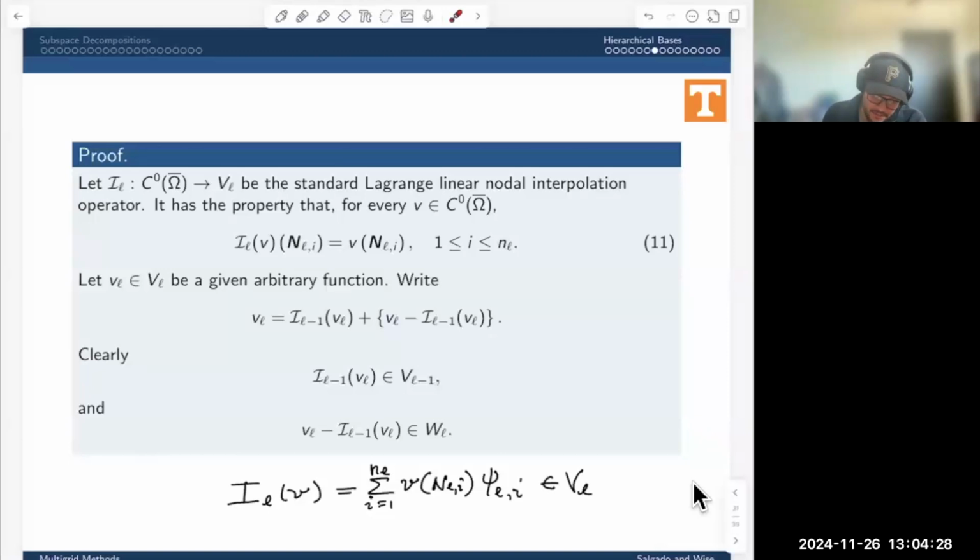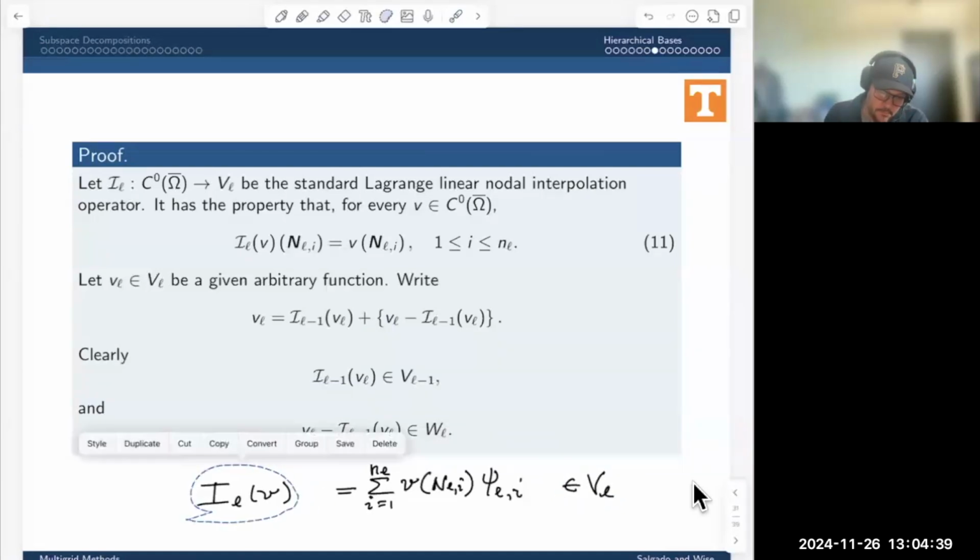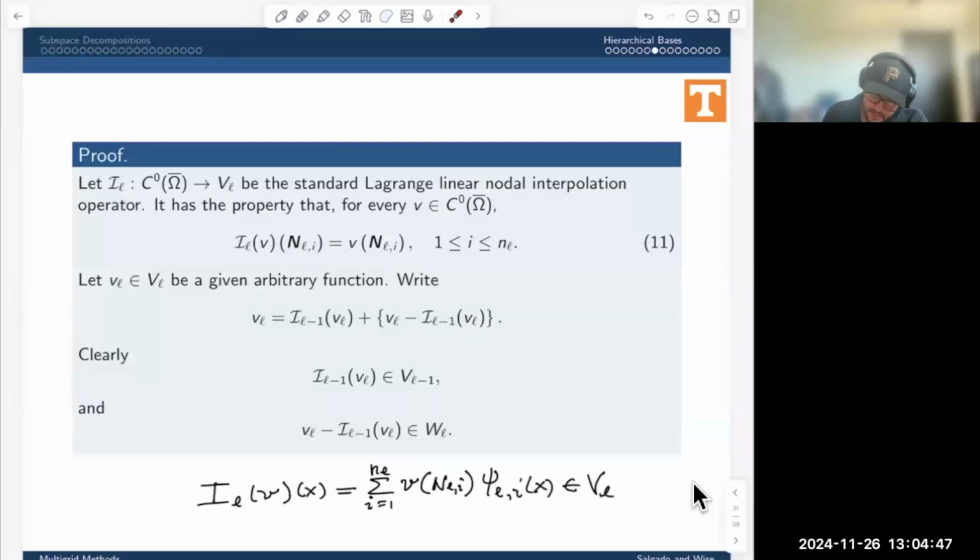But notice, this is a function, I haven't written it explicitly here, but I hope it's clear. This guy is actually a function of x, as is this guy here. This is the coefficient that I'm using in this expansion of this basis.